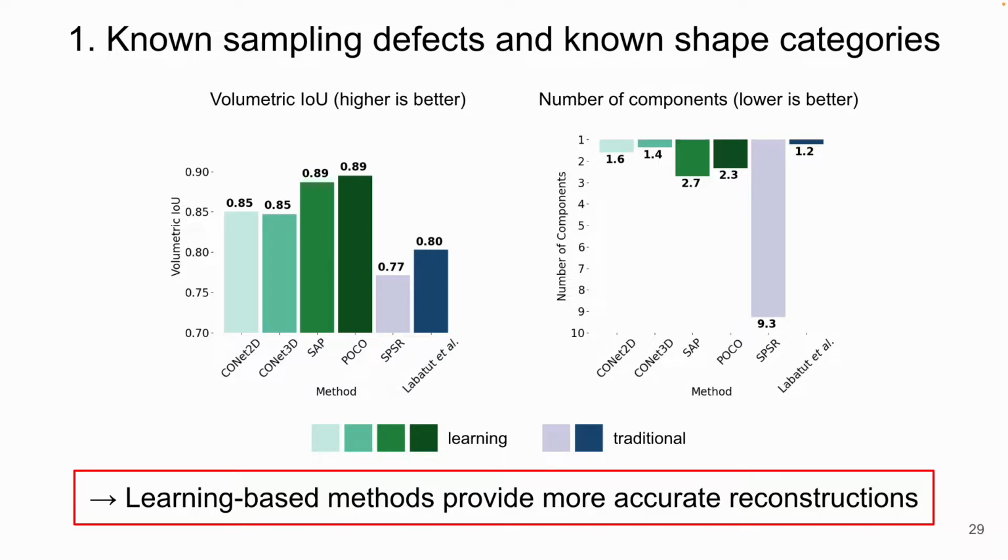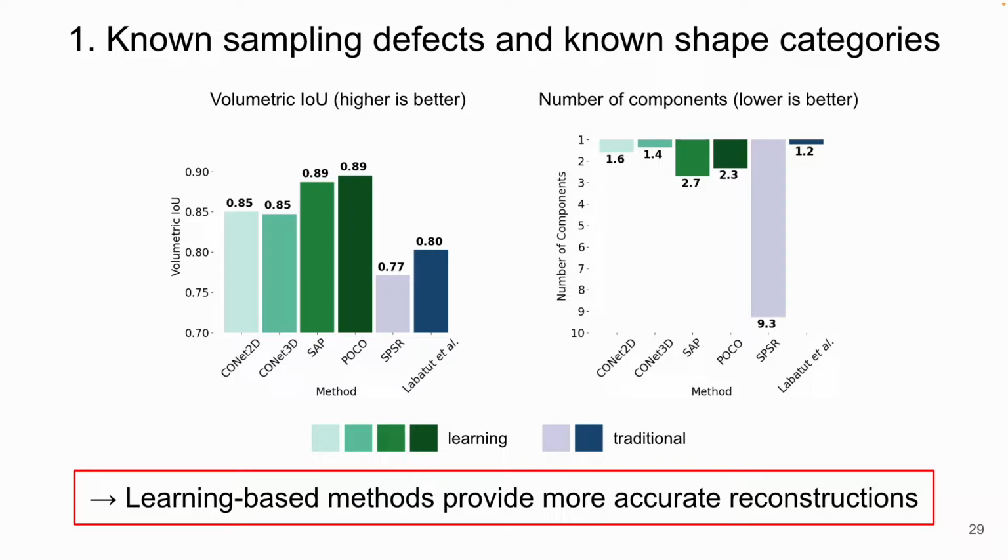And for a quantitative evaluation, we measure the volumetric intersection over union between ground truth and reconstructed surface and the number of components of the reconstructed surface. And this last one is a metric that is usually not measured in benchmarks, although it is also quite important.